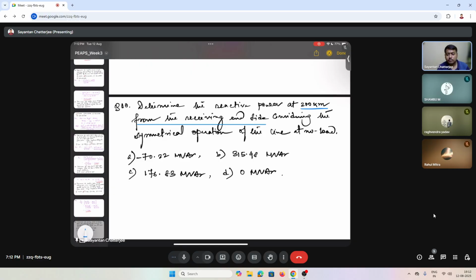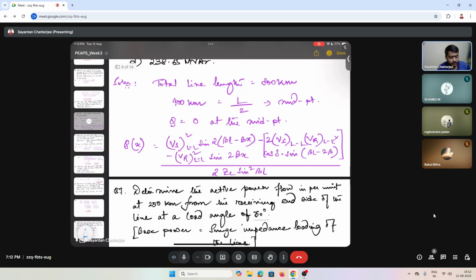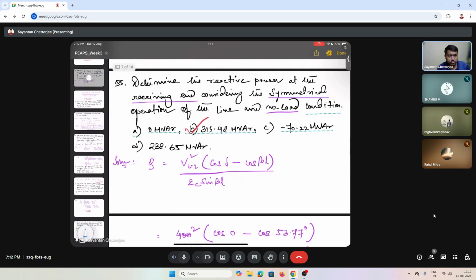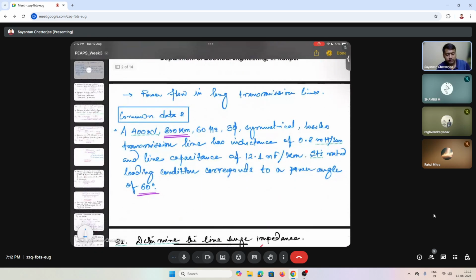The formula that we have discussed once, but the question was for the midpoint, and that's why we didn't dive deep into the problem. But the formula that is to be used here, we have written it, for those who don't have the data.